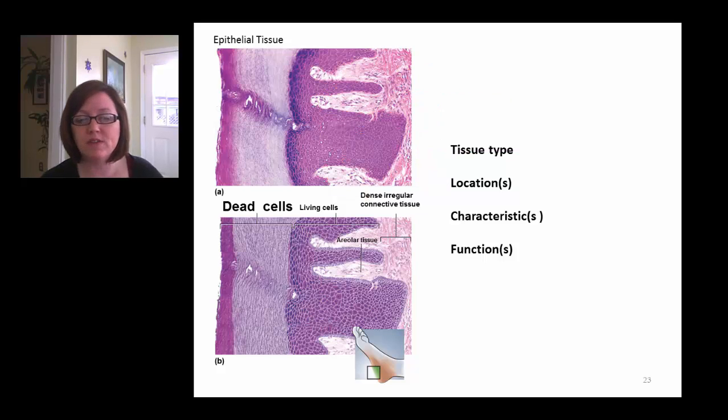Important to note is that the cells here at the apex are dead, and we can tell they're dead because they don't possess a nucleus anymore. And we only see dead cells at the apex of the keratinized stratified squamous epithelial tissue. What happens is these epithelial tissues begin to produce keratin, and then they eventually die, and they're pushed through the layers of cells here.